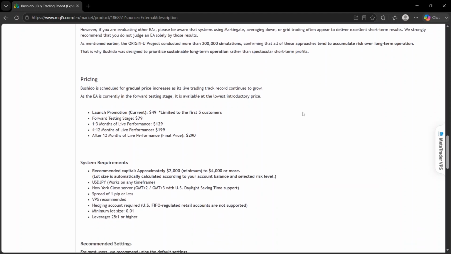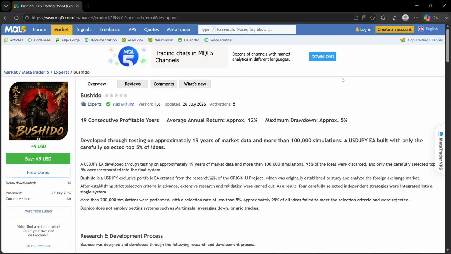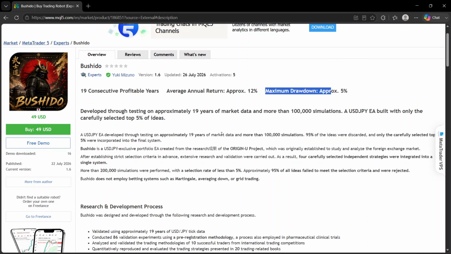And the big marketing numbers are the ones you are probably already seeing on the main page. 19 consecutive profitable years on roughly 19 years of real tick data. Average annual return around 12.7% on the default risk setting, and maximum drawdown roughly 5.2%.